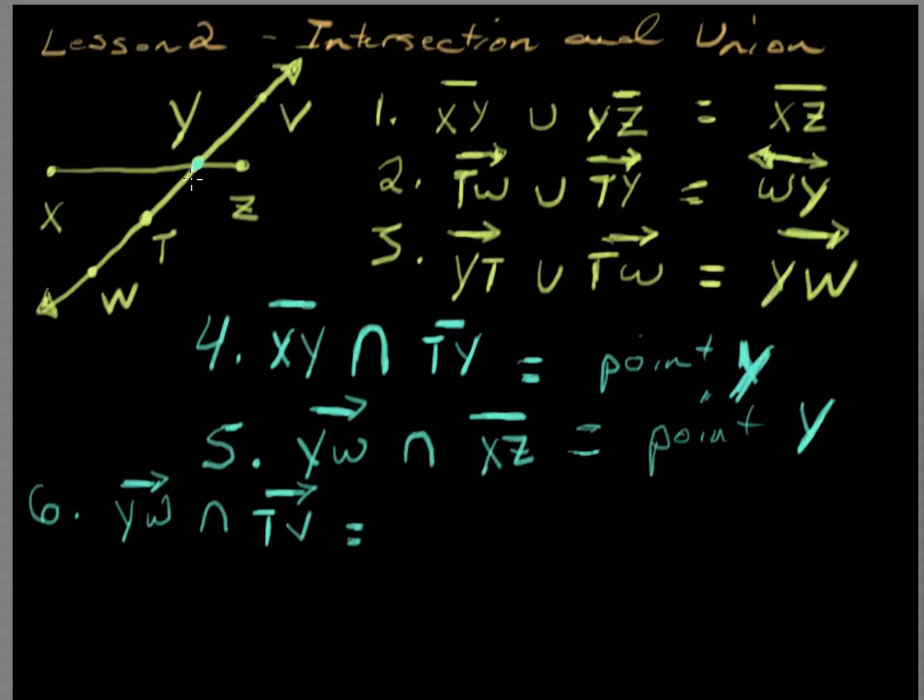YW, we're familiar with that by now, its origin at Y, we'll put a bigger dot there, goes out to infinity through W. Intersect with TV. So that's from here at T, that's the origin, through V, out to infinity. So that's going to be that little piece, TY.